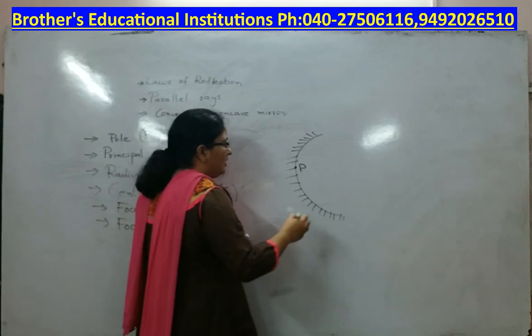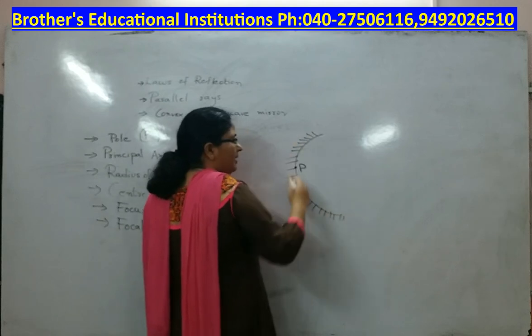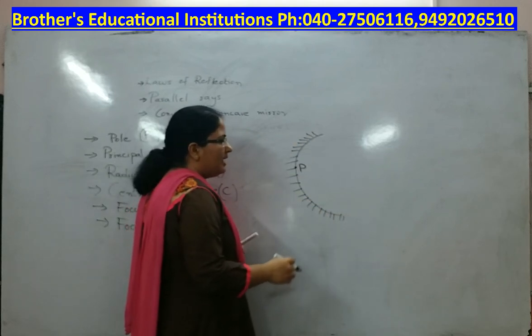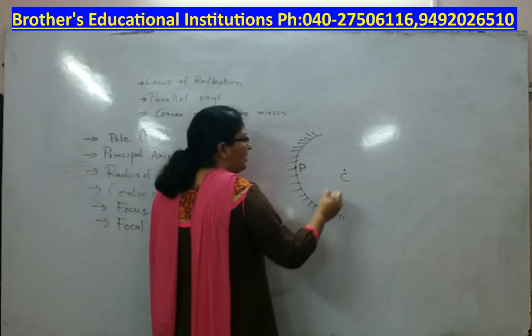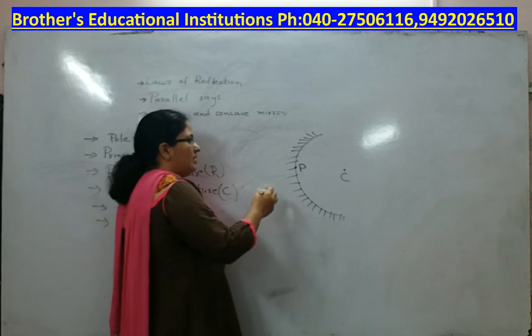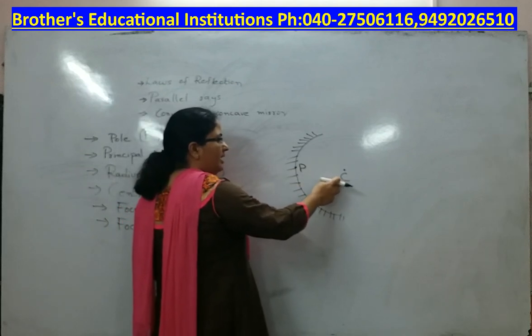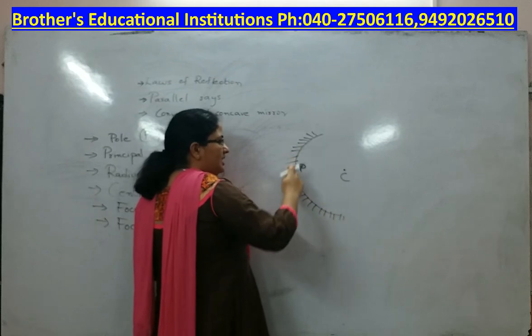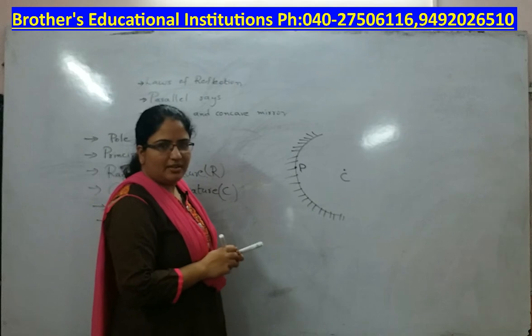Next, suppose this is a part of a sphere, then this sphere will have some center. That point is called the center of curvature and it is denoted with C. I repeat again, if this is a part of a sphere, then that sphere will have some center.